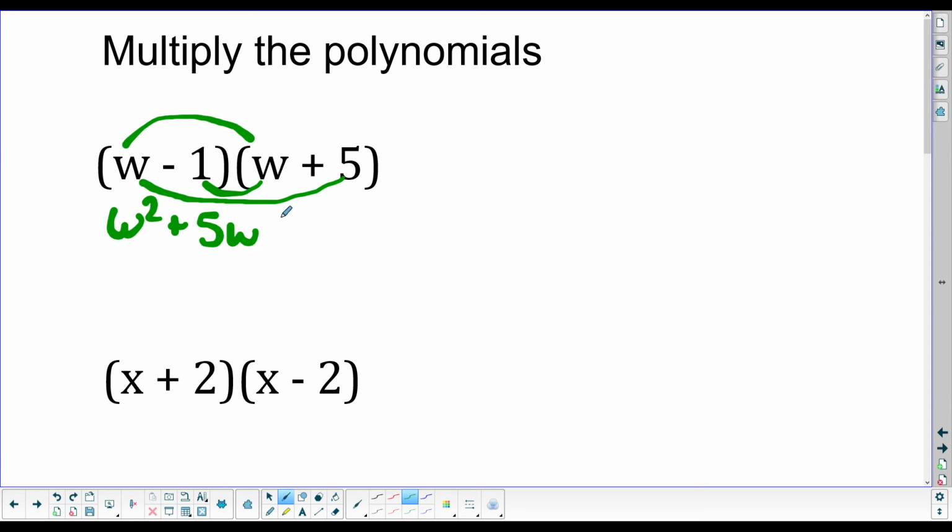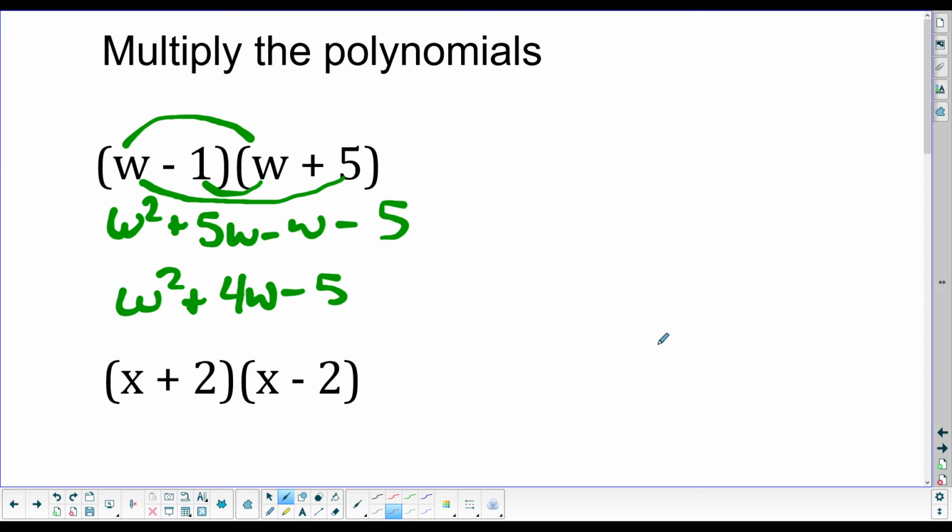Multiply the inside ones here, I get negative w. Watch your signs here. This is negative 1 times w. And then negative 1 times positive 5 gives me negative 5. And when I combine my like terms, I get w squared plus 4w minus 5. Okay, so there's the first example.